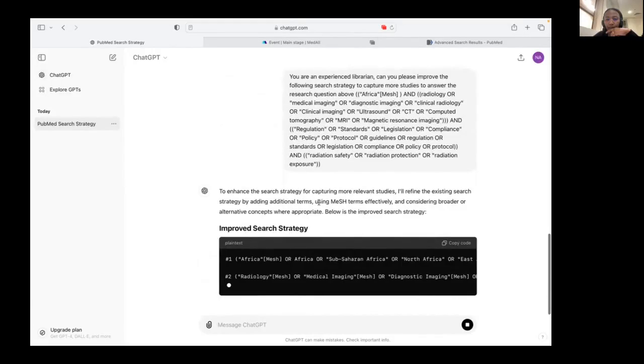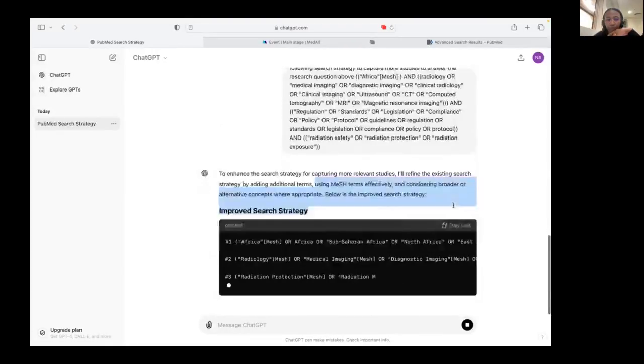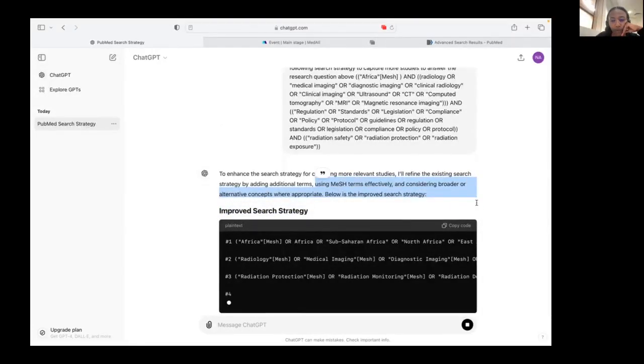So, MeSH terms, which we've removed, could explain that.